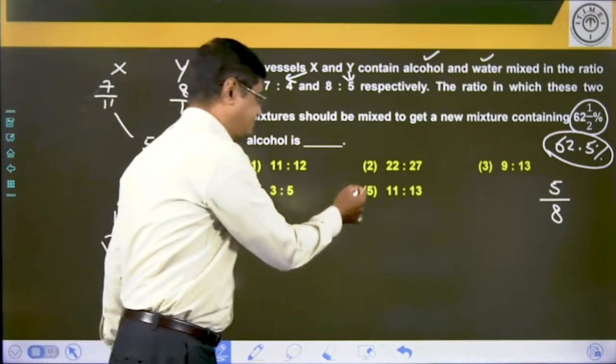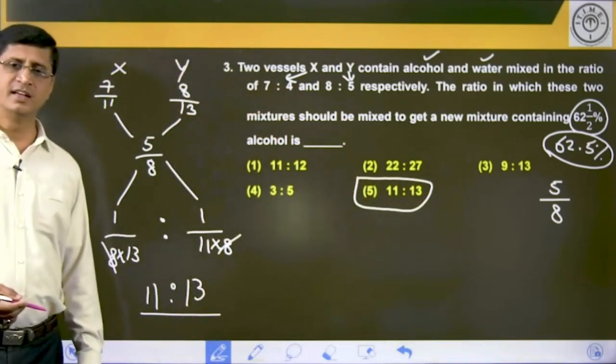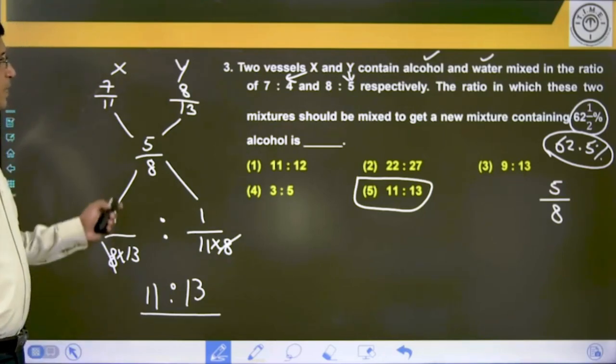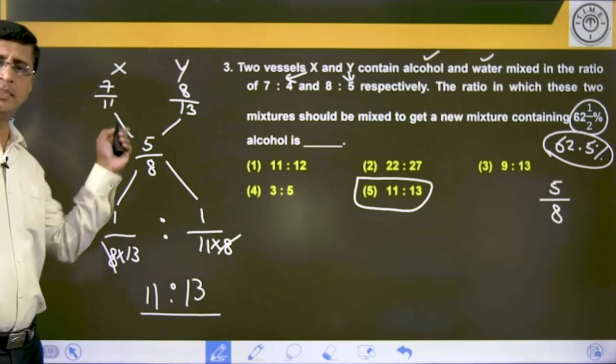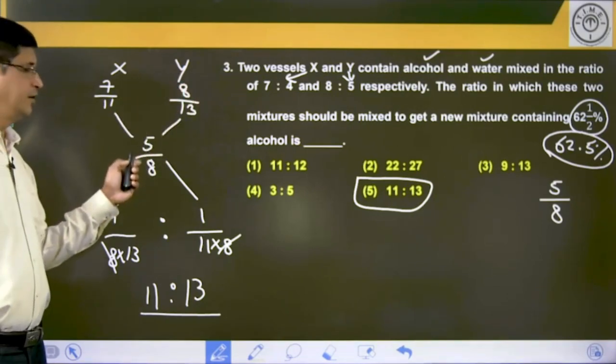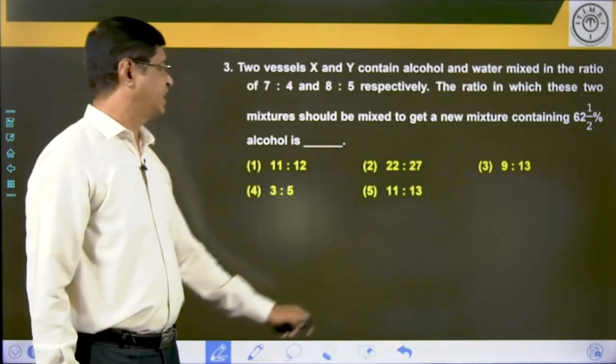Yes, you are right. Option number 5. Fifth choice is the right answer. Okay. Just by observing the alcohol content in the X vessel, the Y vessel and the new mixture. Okay, move on to the next example.